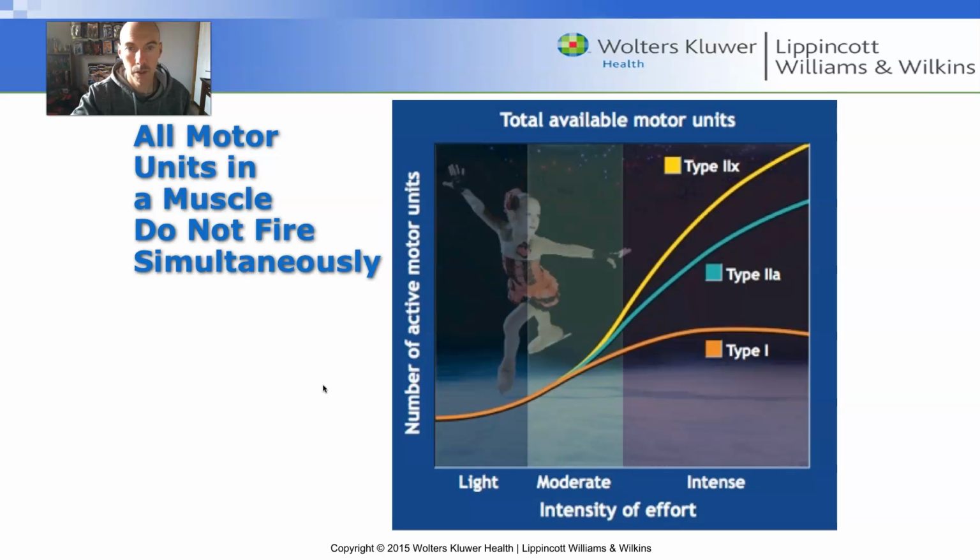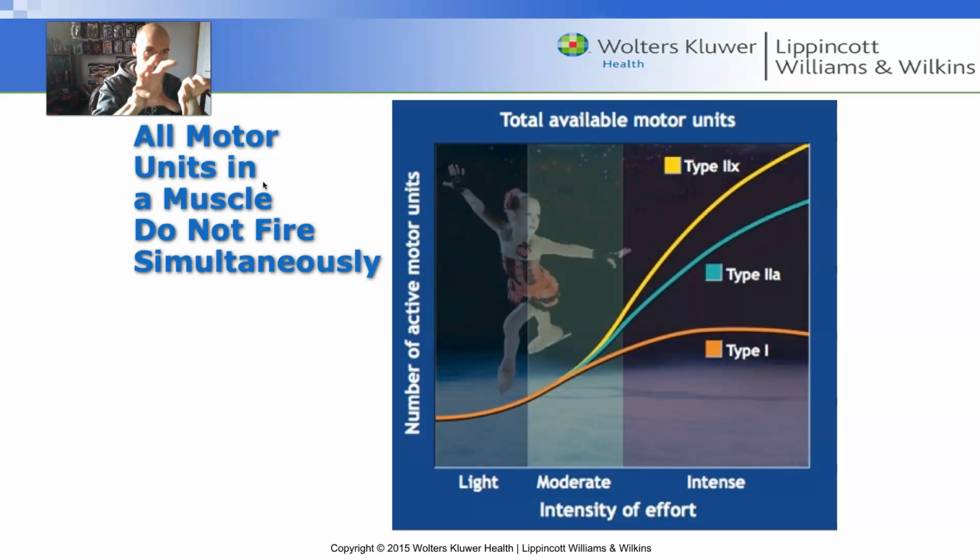Now, one thing I'll just say about this: only in a maximal lift would they fire simultaneously. Usually motor units do not fire at the same time, and that helps us maintain force production for longer periods of time. One fires, and then once that one gets tired, another one fires, and the original one rests.